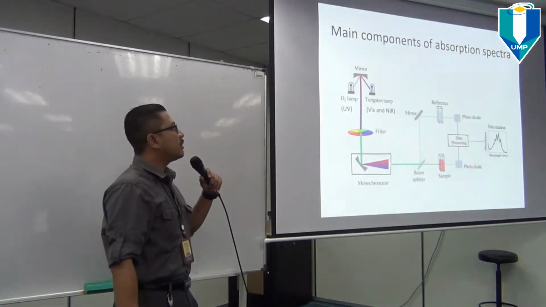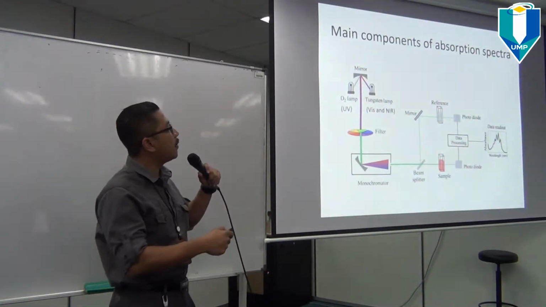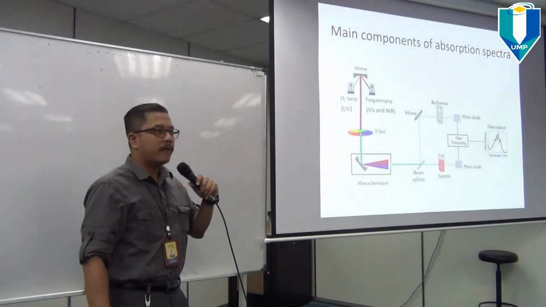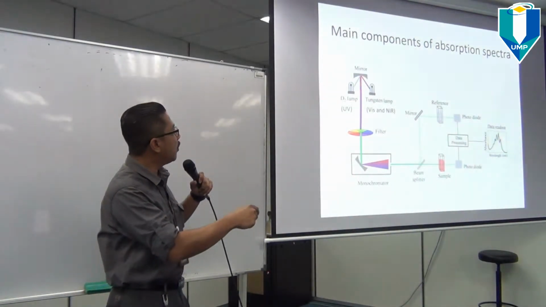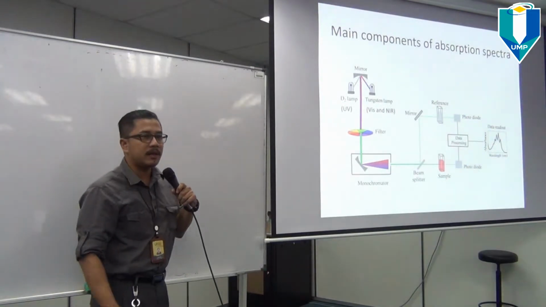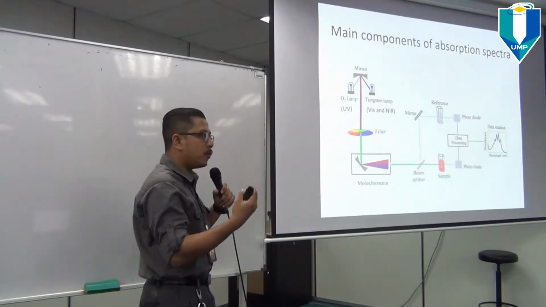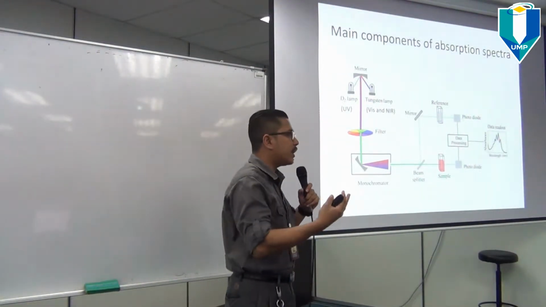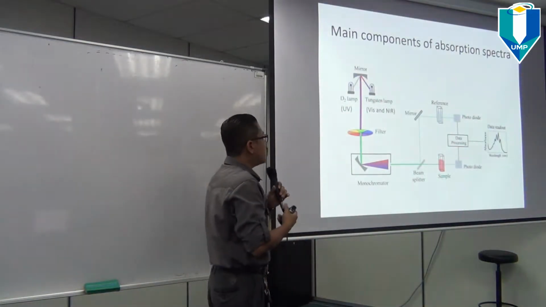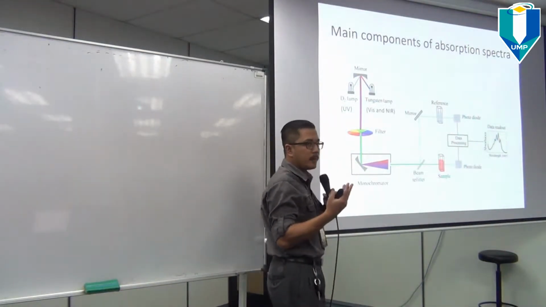Before that, let us see the main components of an absorption spectrometer. Of course, the most important thing is the lamp, which gives you the desired light spectrum. Usually we will have three regions of spectra.